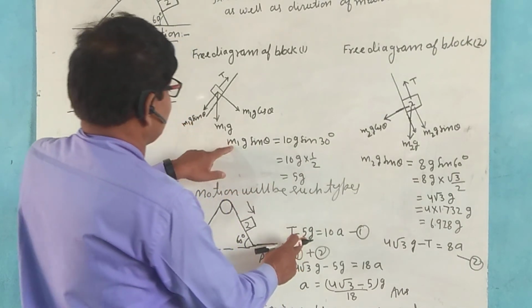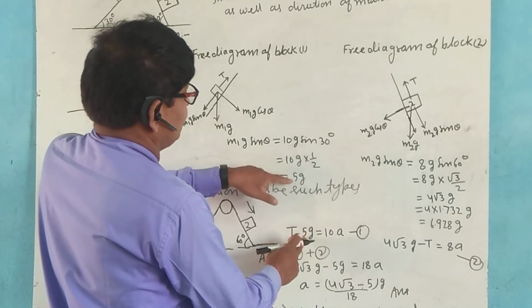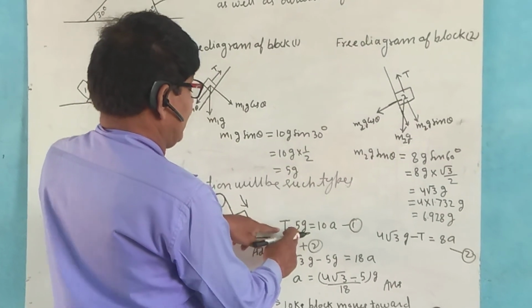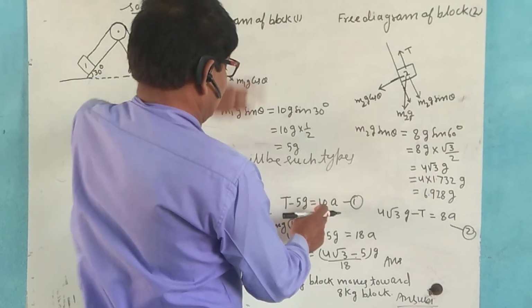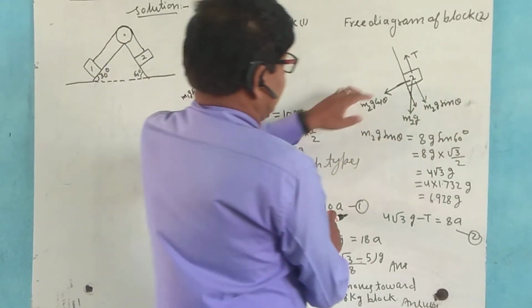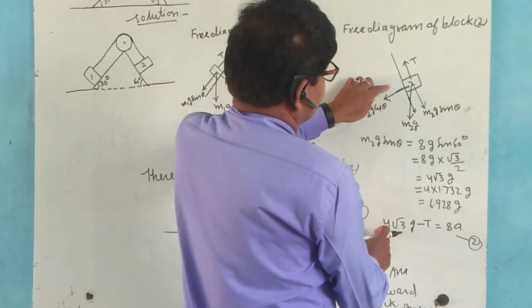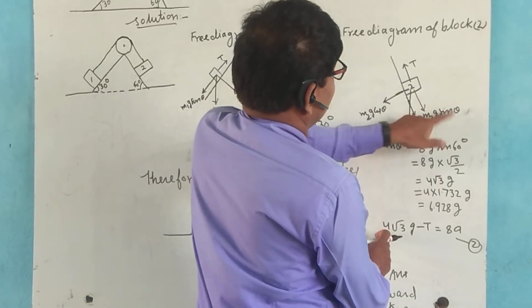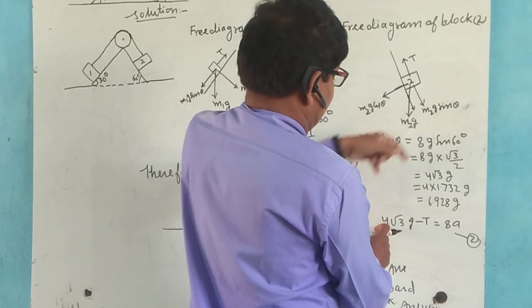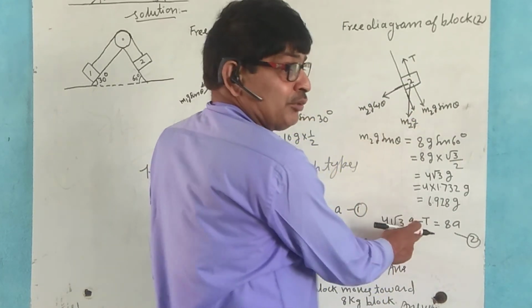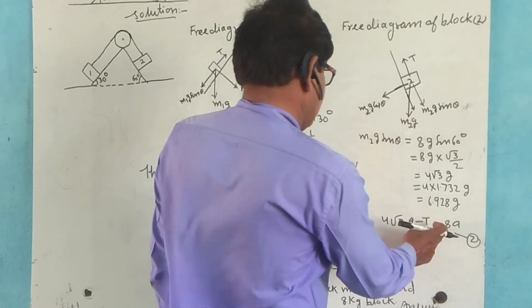We calculated M1g sin theta is equal to 5g, T minus 5g is equal to mass into acceleration, mass 10 into a, and in this case M2g sin theta moves toward this, so that this force is greater, 4√3g minus T is equal to 8a.